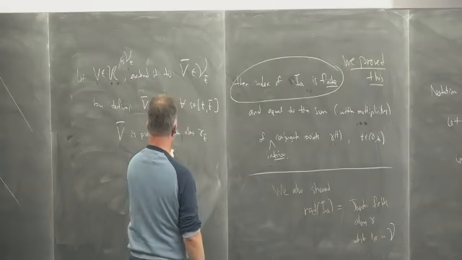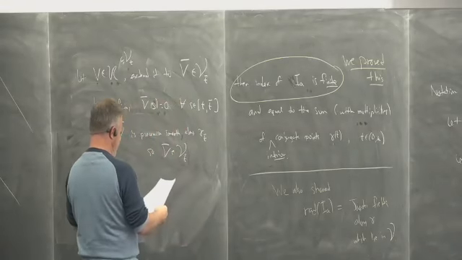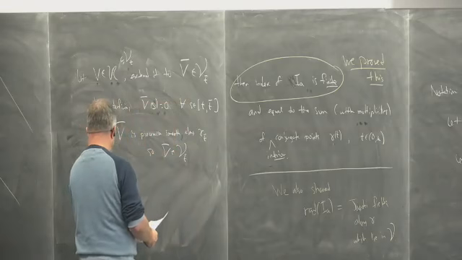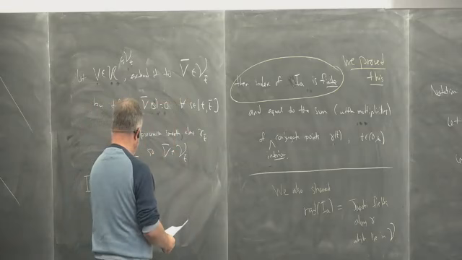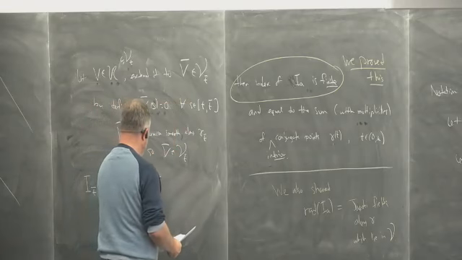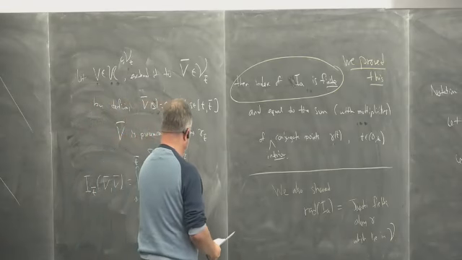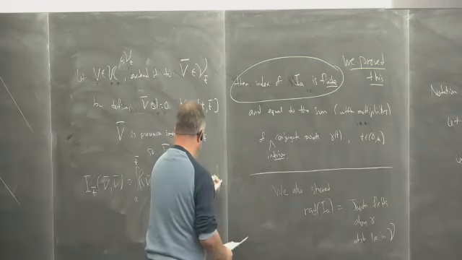So V bar is in V_t bar. Okay, and now let's compute I_t bar of V bar, V bar. That's going to be the integral from 0 to t bar of V bar prime squared minus R of V bar, gamma prime, gamma prime, V bar.